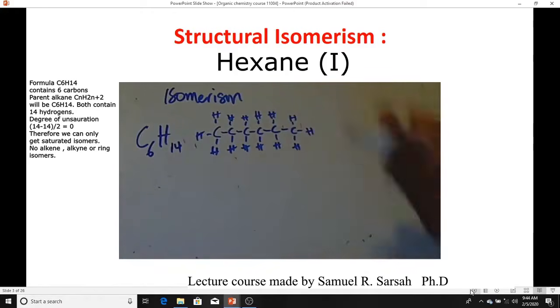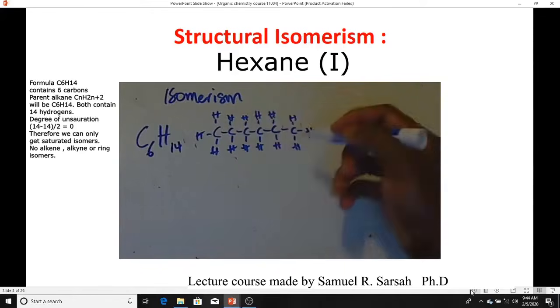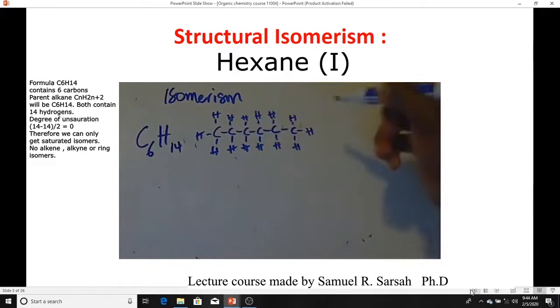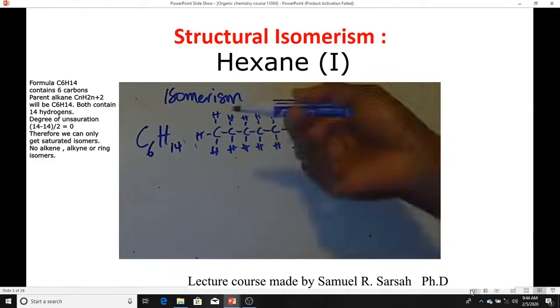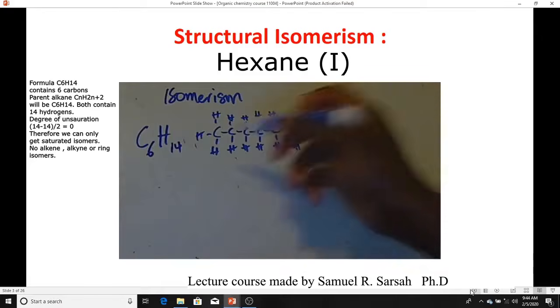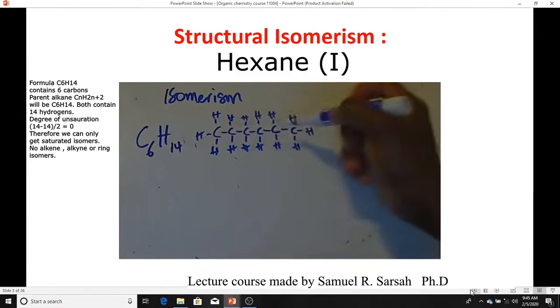A way to write structural isomers is just to shorten the carbon length and then put the other carbon as a substituent, on one of the middle carbons or one of the carbons inside the chain.